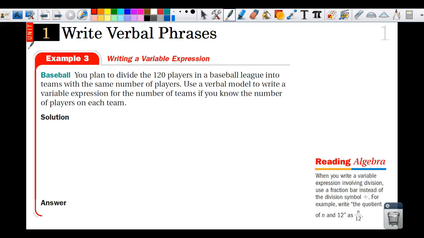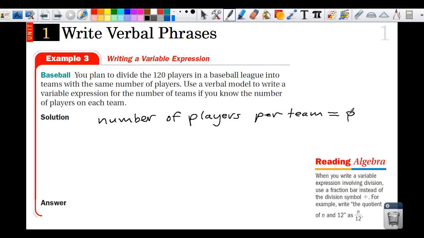Our final problem on the video today involves baseball. You plan to divide 120 players in a baseball league into teams with the same number of players. Use a verbal model to write a variable expression for the number of teams if you know the number of players in each team. Okay, for example, if I know the number of players per team, I'm going to let that be P. It doesn't say anywhere in this problem how many players are on a team.